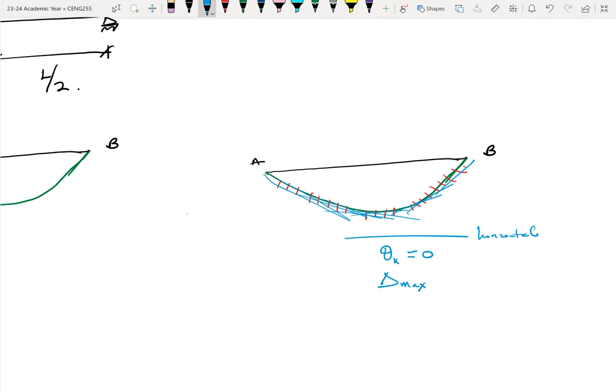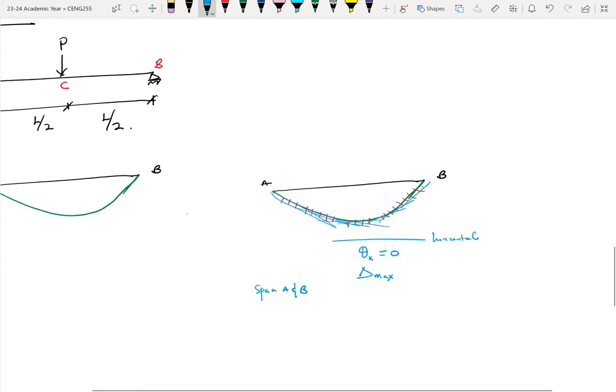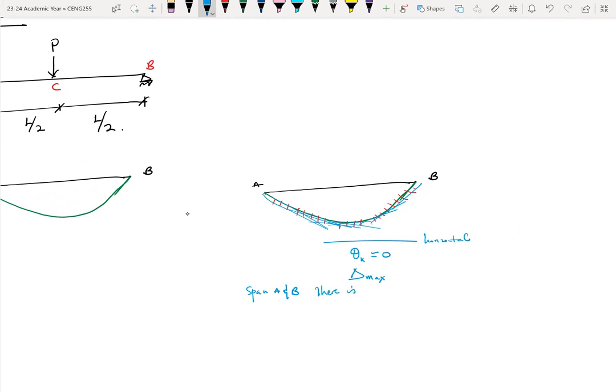So somewhere between A and B, somewhere between span AB, there is a point on the elastic curve whereby the tangent drawn to that curve is horizontal.